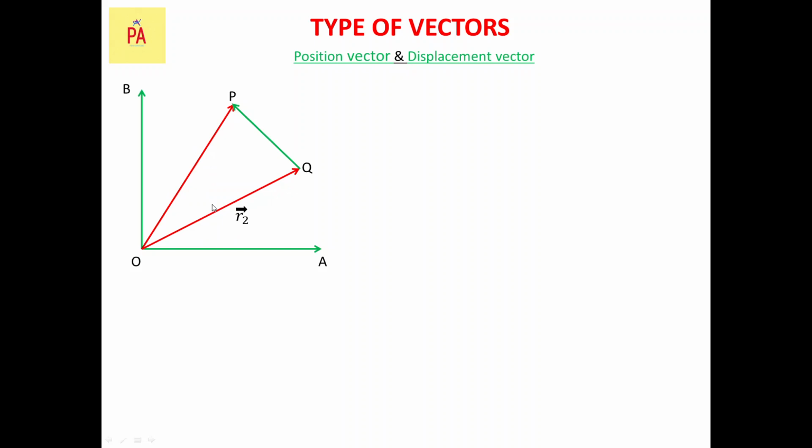Since it is also a position vector, it determines the position on the xy plane. Here I have named the axes A and B, but you can consider it as the xy plane. This position vector represents at what position the object is at any instant on the plane.